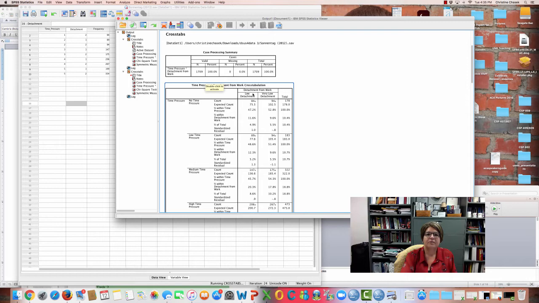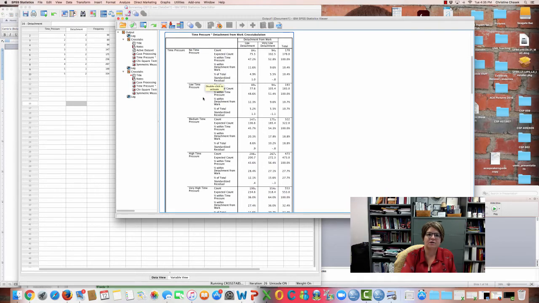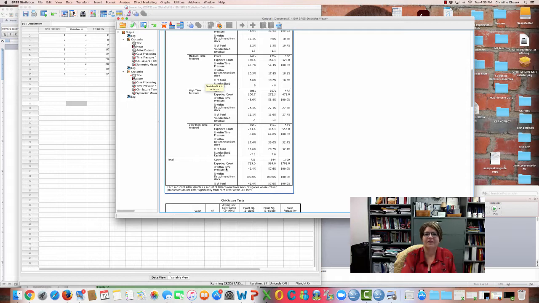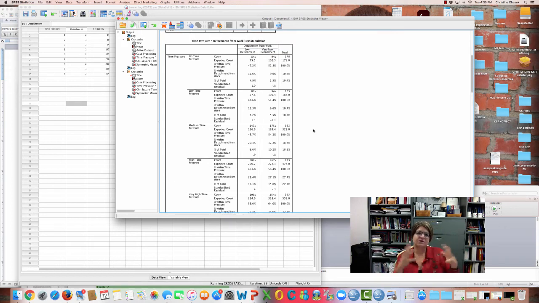And over here is detachment from work. So those are our two, low, very low. And then we have all these time pressures, which we've got lots of them. 1, 2, 3, 4, 5. And then a total. And you can see it put in the percentages, right? So the first thing we want to see, is there an overall association between time pressure and how you're detached from work?